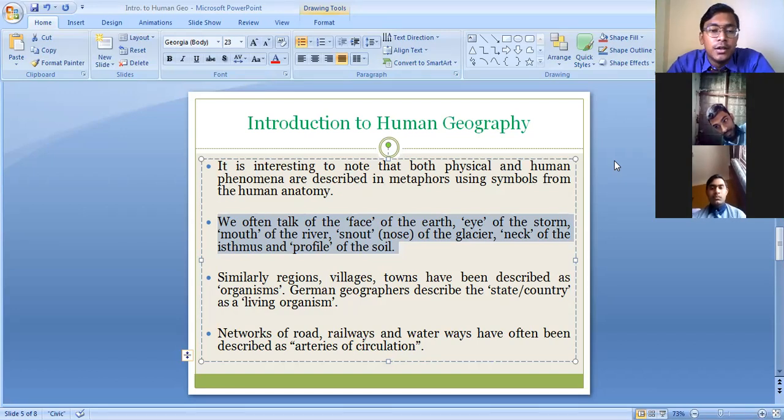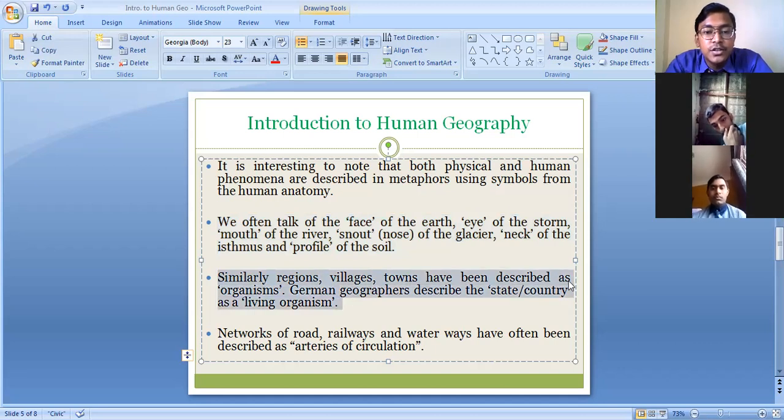Similarly, regions, villages and towns have been described as organisms. German geographers described the state or the country as a living organism. A few geographers have described villages, a particular region or towns as an organism.